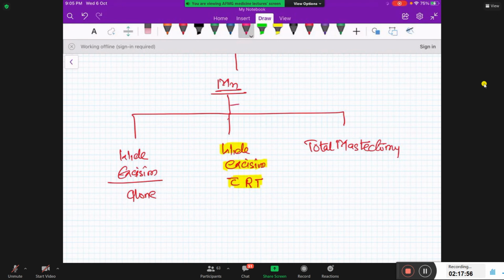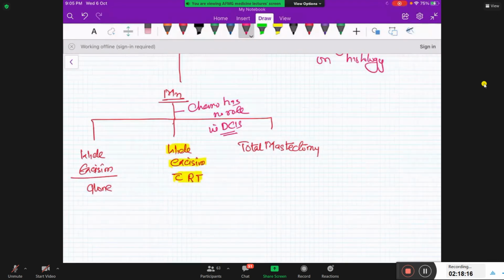Please highlight it in the notes. Chemotherapy has no role in DCIS.